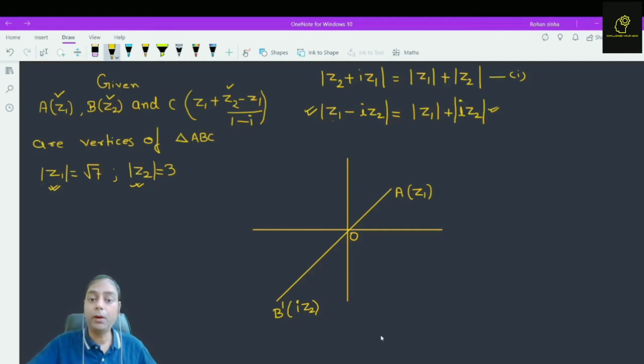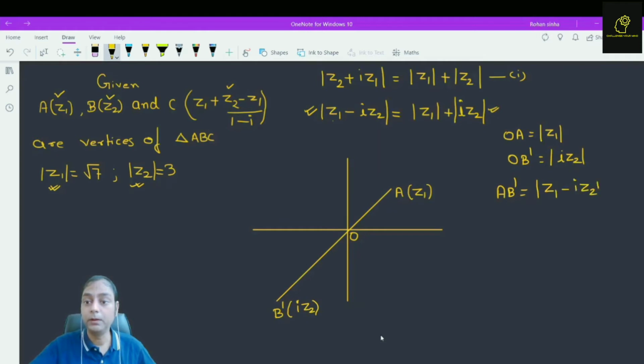Let O be the origin. So OA is modulus of z1, OB dash is modulus of i z2, and AB dash is z1 minus i z2.